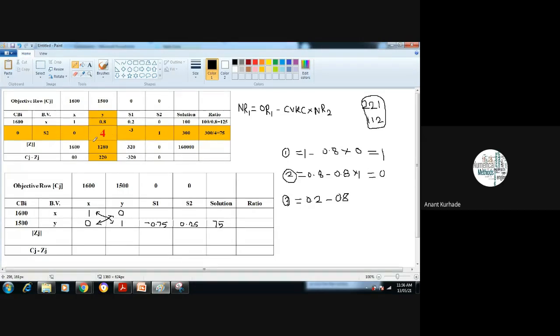For row number 1 and this key column, we have to use the corresponding value of key column, which is 0.8. 0.8 into new value of R2. New value of R2 is minus 0.75. Just calculate this. What is your answer? Just tell me. 0.8.